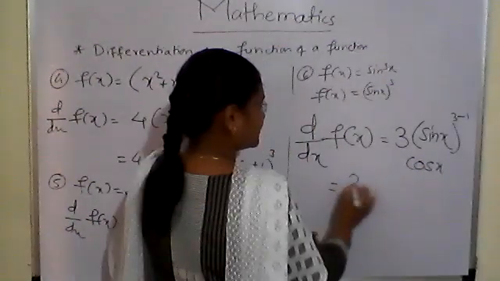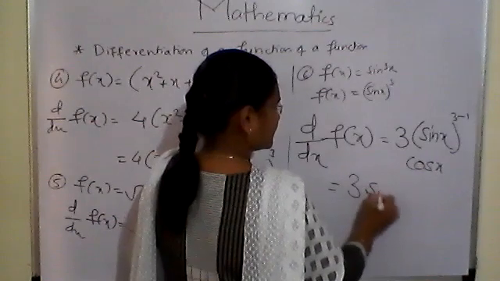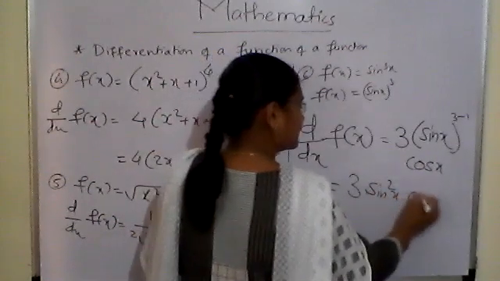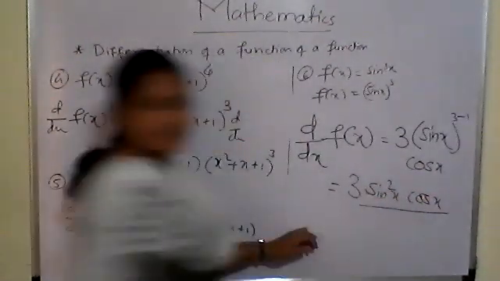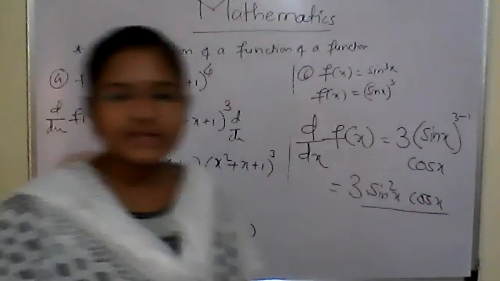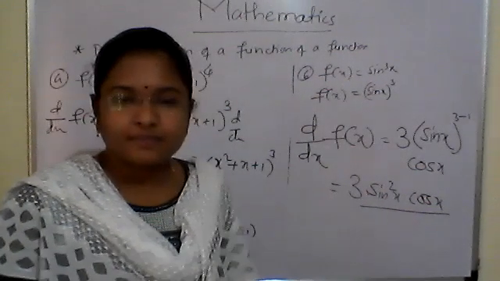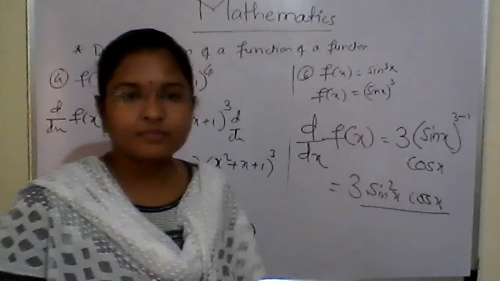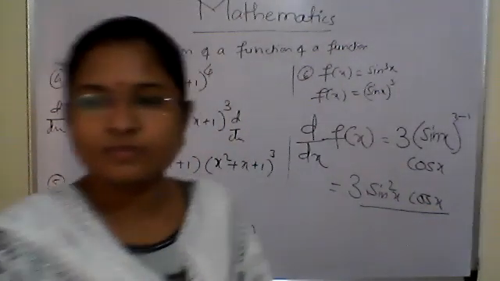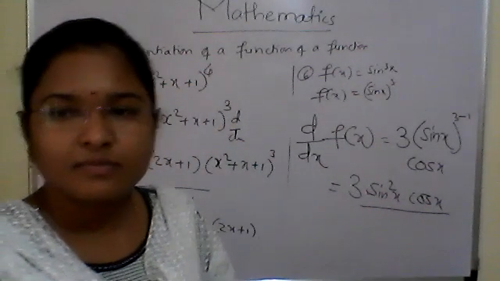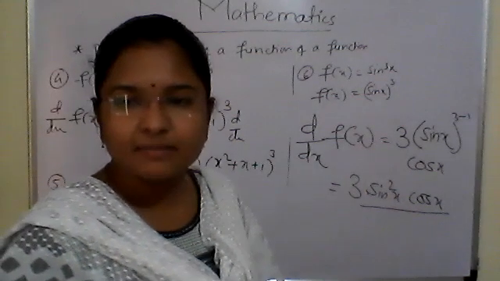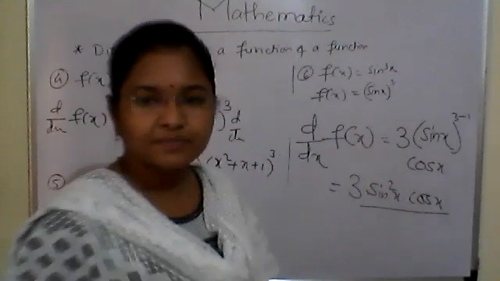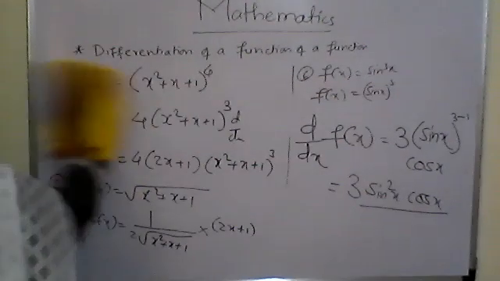So it is equal to 3 sin square x into cos x. Getting? Now it is clear? Visible, ma'am. Yes, ma'am, visible.